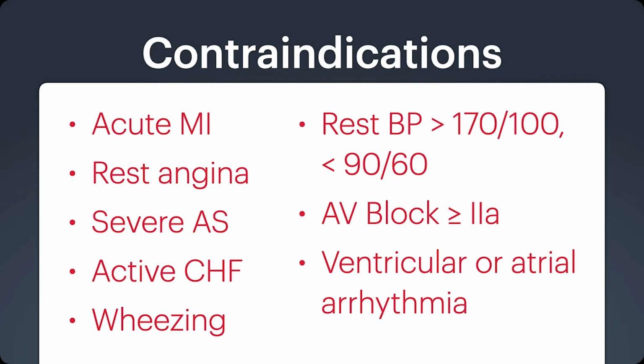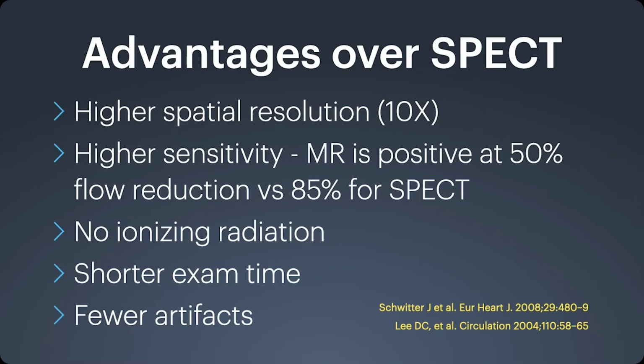Unstable angina or rest angina is also a contraindication. If they're having uncontrolled arrhythmias, COPD with active wheezing, low blood pressure, these are the parameters we use here. If they have heart block greater than type 2A, or as I mentioned, some ventricular atrial arrhythmias. So it's important to screen the patients properly.